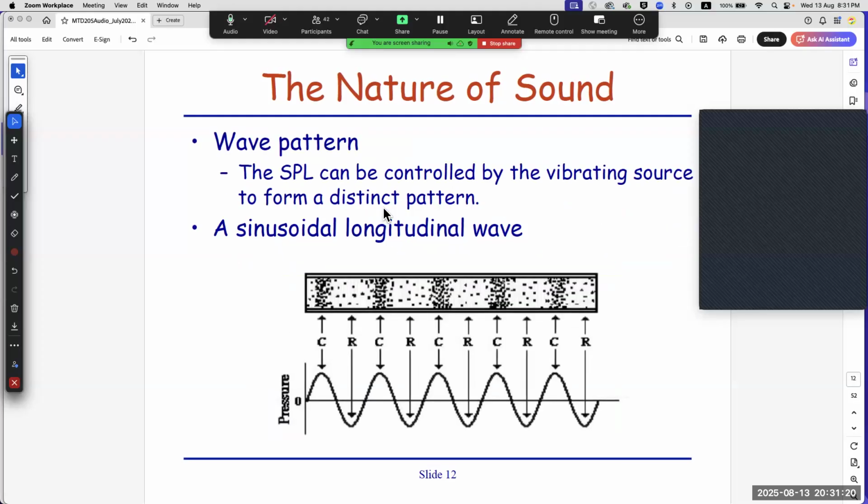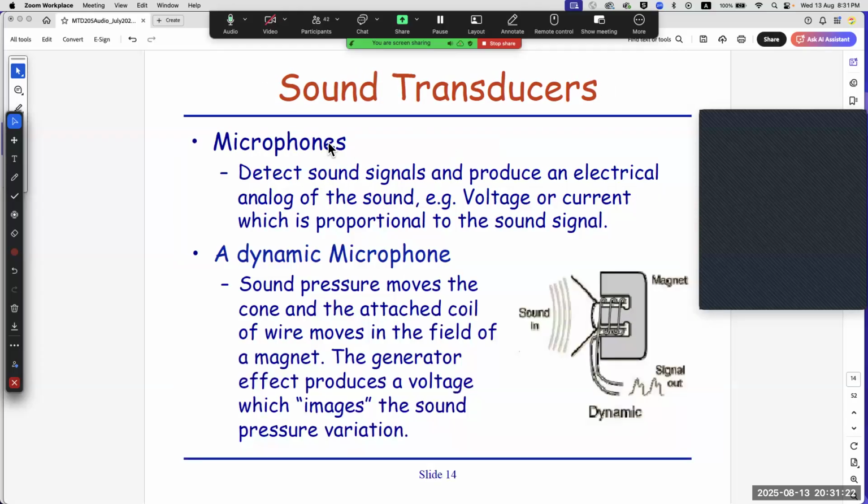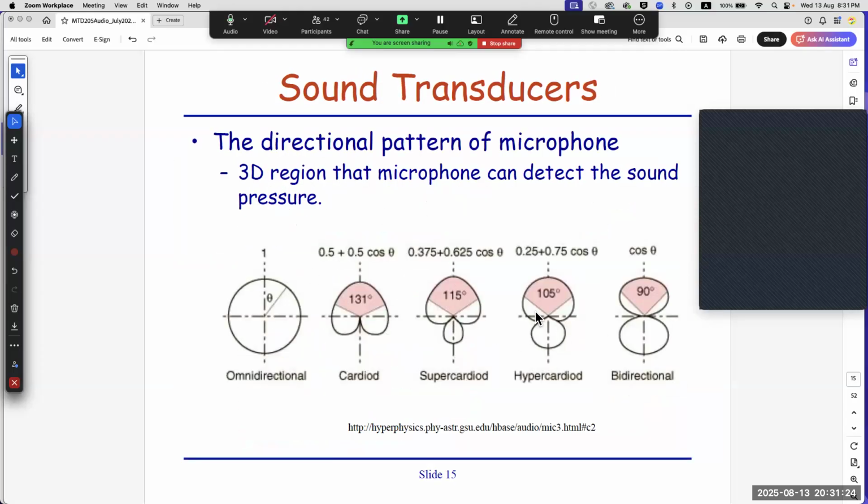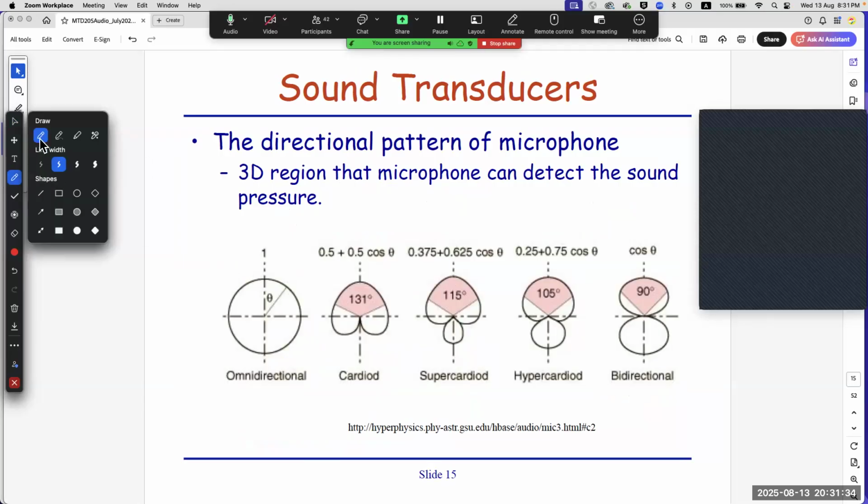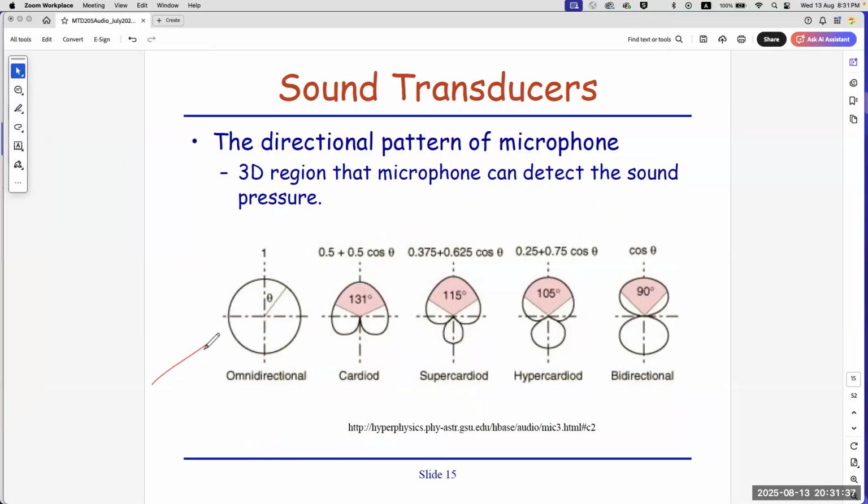And of course, the microphone. This part may be important for your online quiz because we are talking about how well sound is captured by a microphone. When we say it's omnidirectional, it means sound comes from every direction and is equally well received.